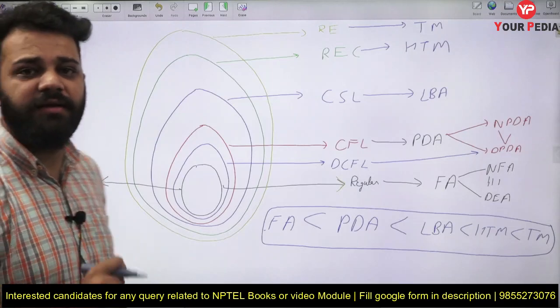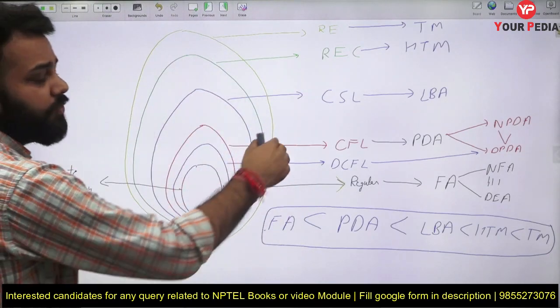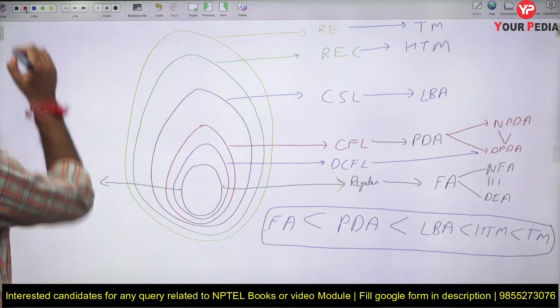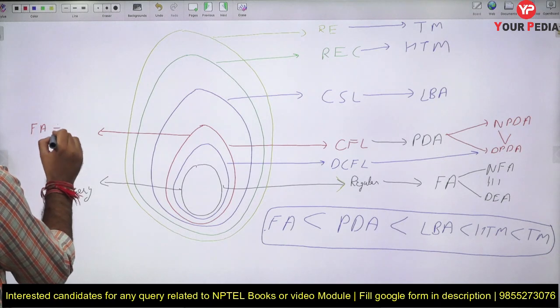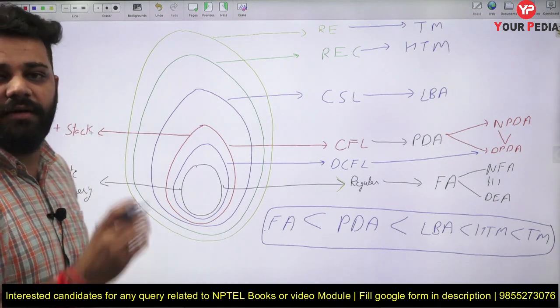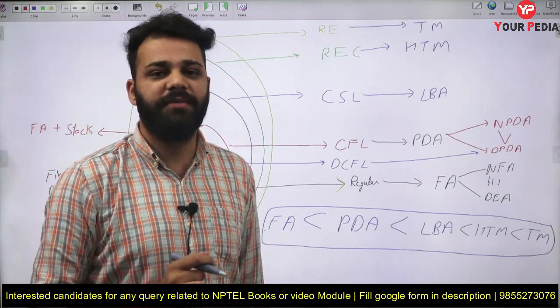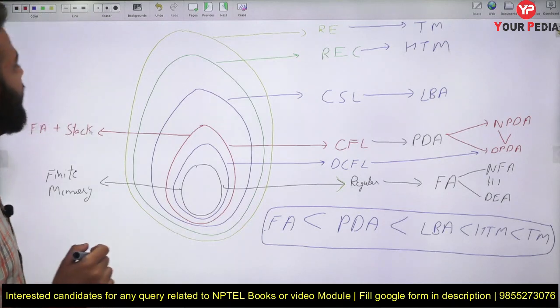It has finite memory. If you move to CFL, or you can say PDA, if you give finite automata a stack, then it will behave as a PDA machine. So finite automata plus stack will behave like a PDA machine.